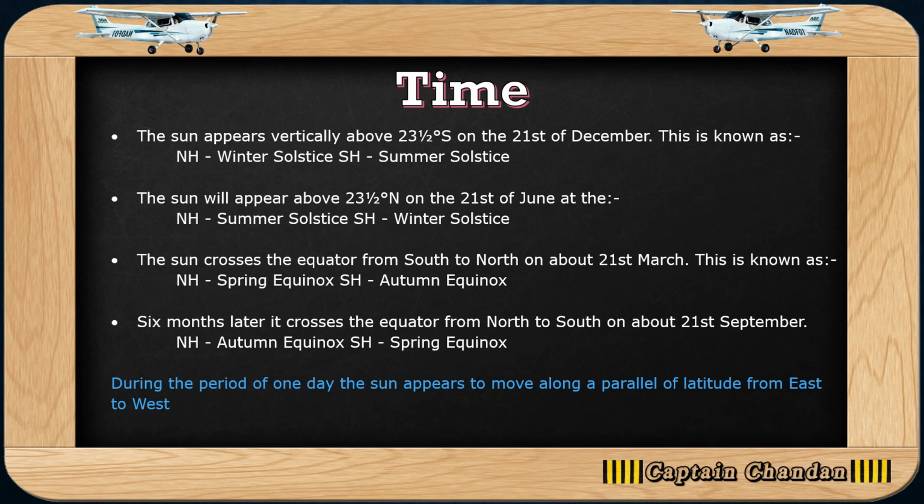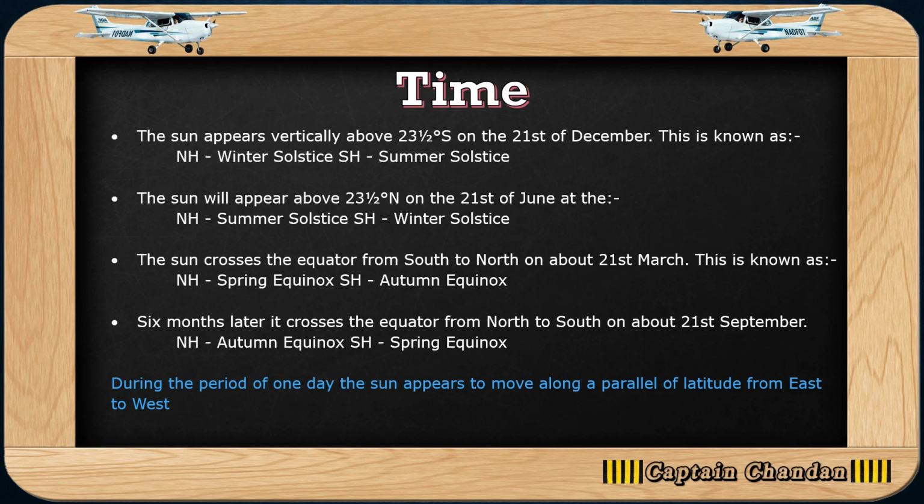The sun will appear above 23.5 degrees north on 21st of June; in the northern hemisphere that is called summer solstice, and in the southern hemisphere we call it winter solstice. The sun crosses the equator from south to north on about 21st of March.